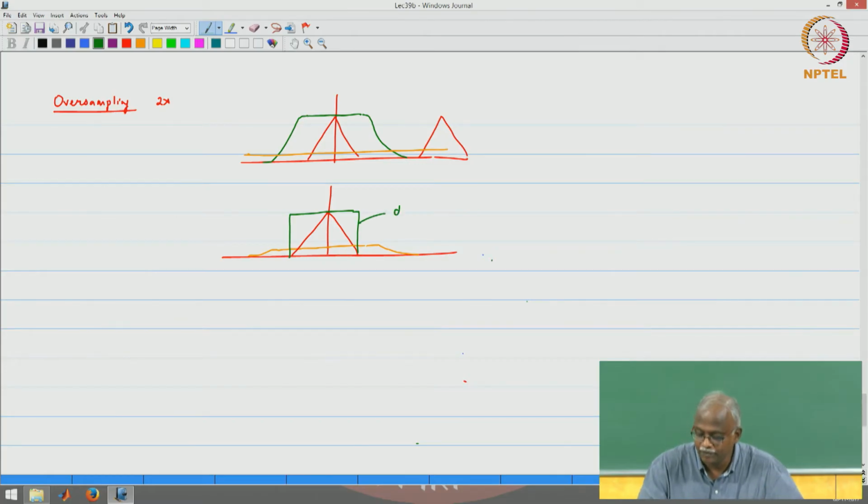This would be a digital filter. And this, by the way, is an analog anti-aliasing filter.